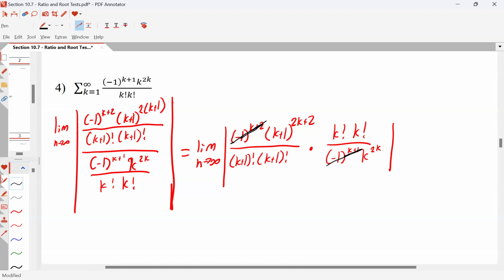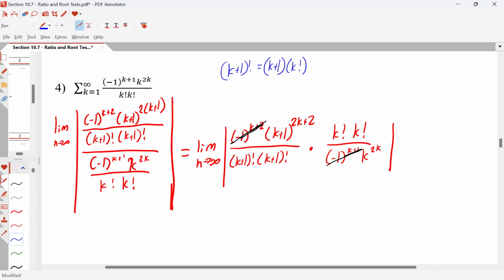Second thing is k plus 1 factorial is the same as k plus 1 times k factorial, because we would be multiplying by everything as we subtract 1 each time.